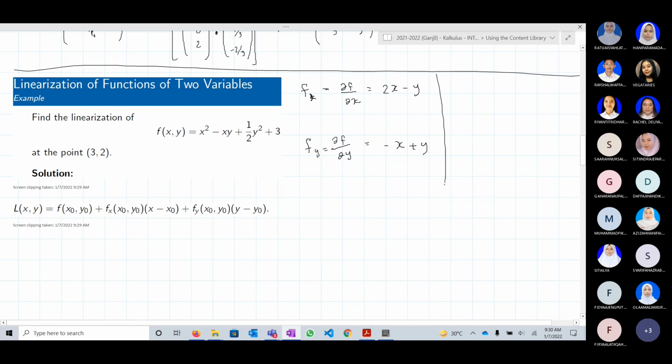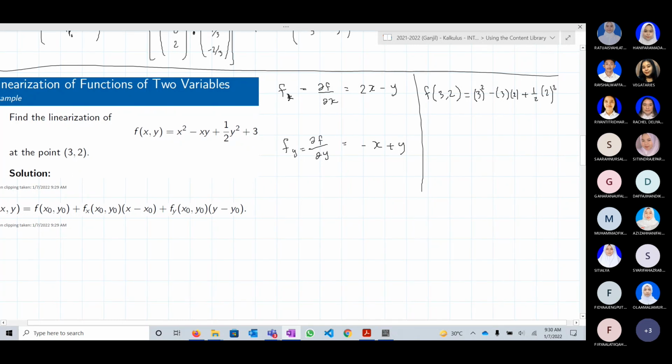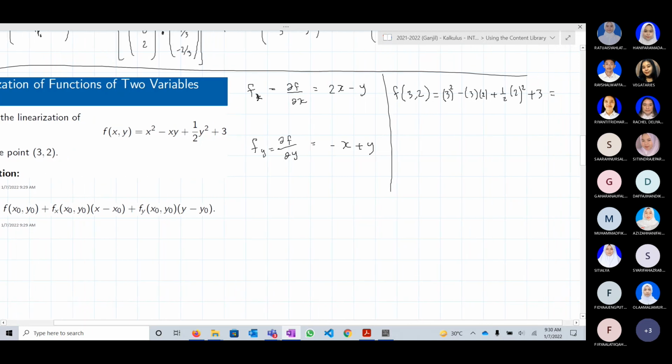Now f at the point (3, 2) is 3 squared minus 3 times 2 plus half of 2 squared plus 3, which is 8, and fx at (3, 2) is 2 times 3 minus 2, which is 4, and fy at (3, 2) is minus 3 plus 2, which is minus 1.